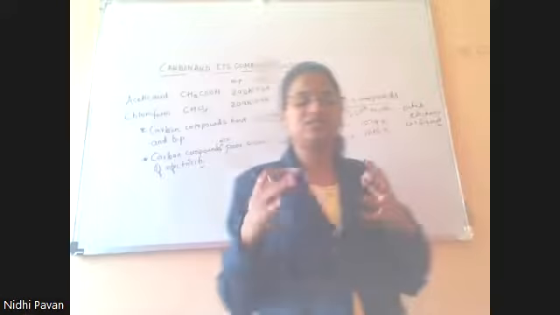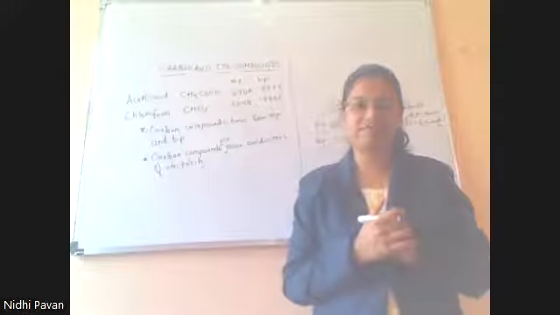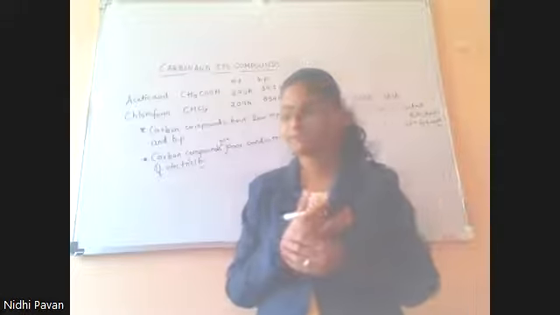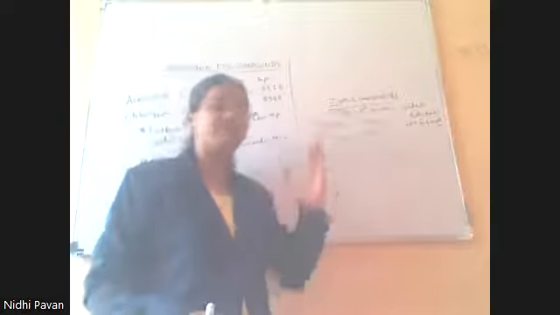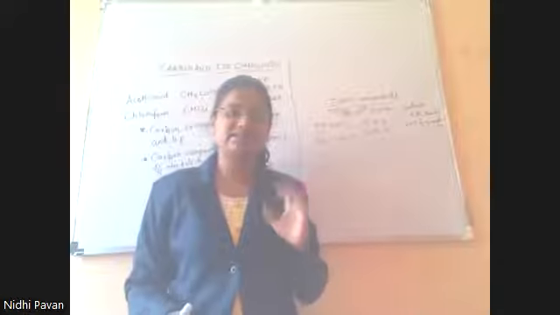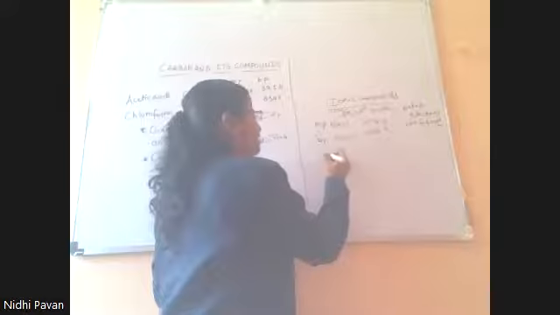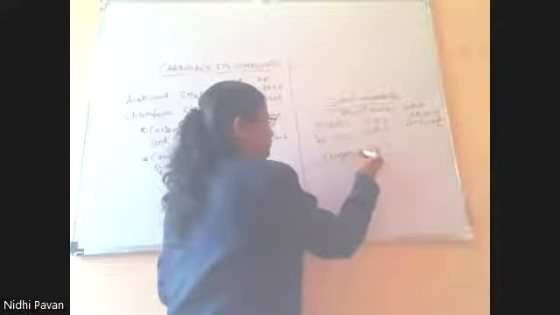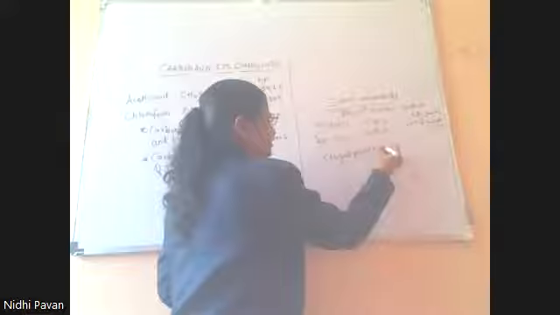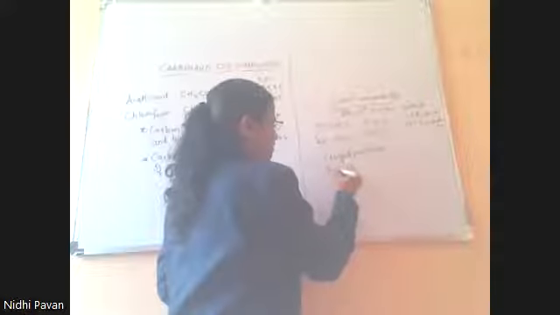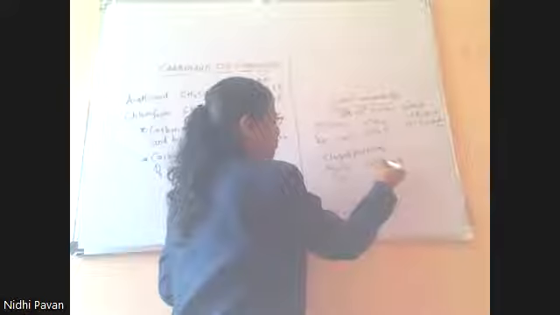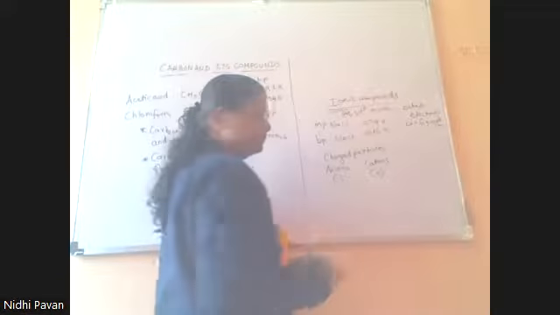How do you say that these are poor conductors of electricity? How do you justify these properties? Let us see into it. So here, guys, as you know, ionic compounds are good conductors of electricity because they have charged particles: anions, negatively charged particles, and cations, positively charged particles.